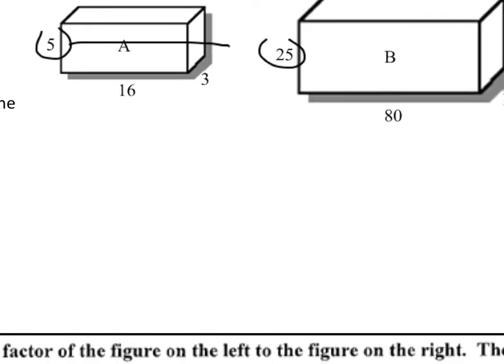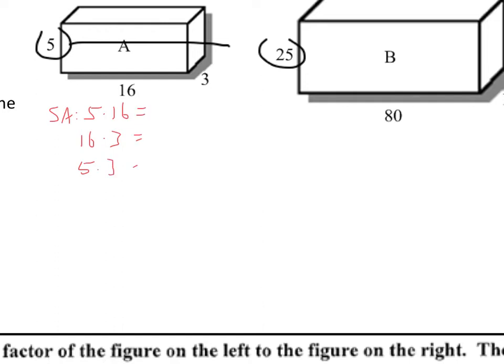surface area for the first one would be found by taking 5 times 16, which would be the surface area of the front face. We take 16 times 3, which would be the comparison for the bottom, or the numbers for the bottom. And then we would take 5 times 3 to get the last side.